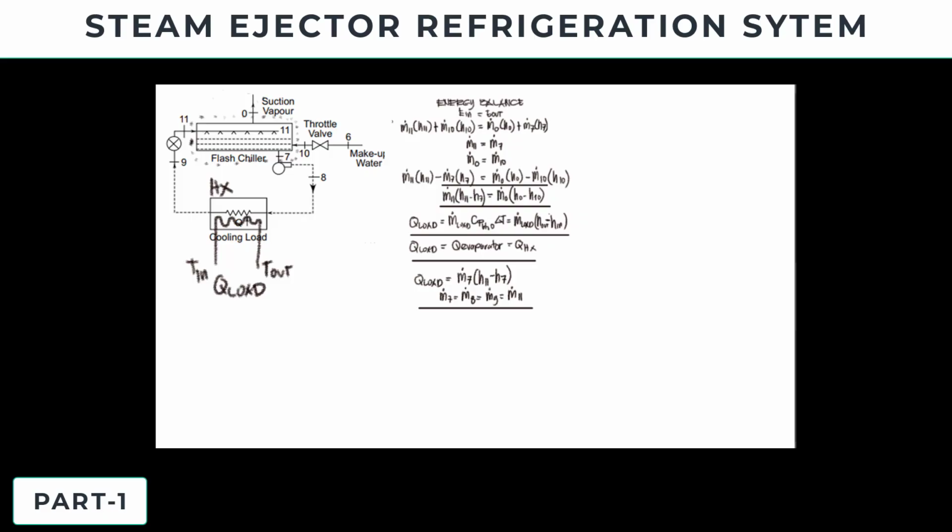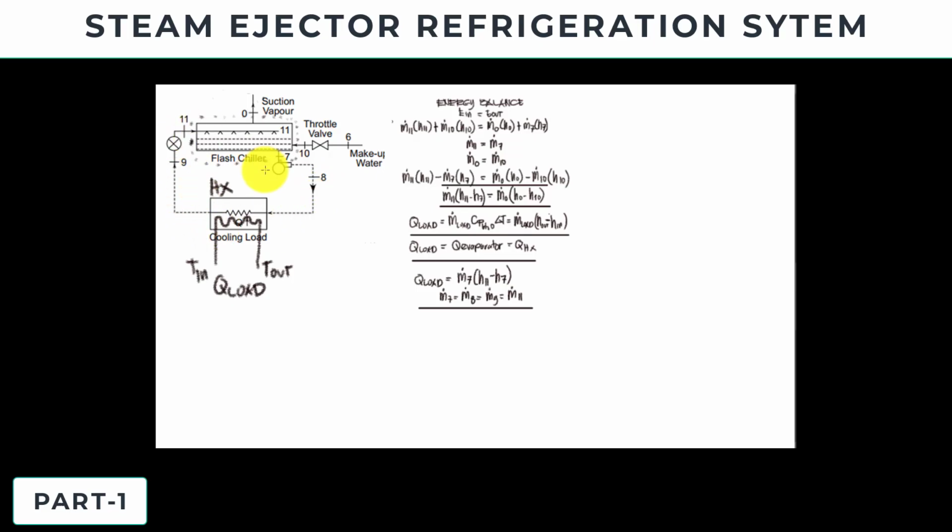Now, the strategy to solve this problem: initially we need to determine what will be the load, starting with the load. After that, what will be the maintaining temperature of your flash chiller, and also the temperature required in your load. From there, we may be able to determine the mass flow rate of the flowing water in your flash chiller, or the water circulating in the loop of your chiller.